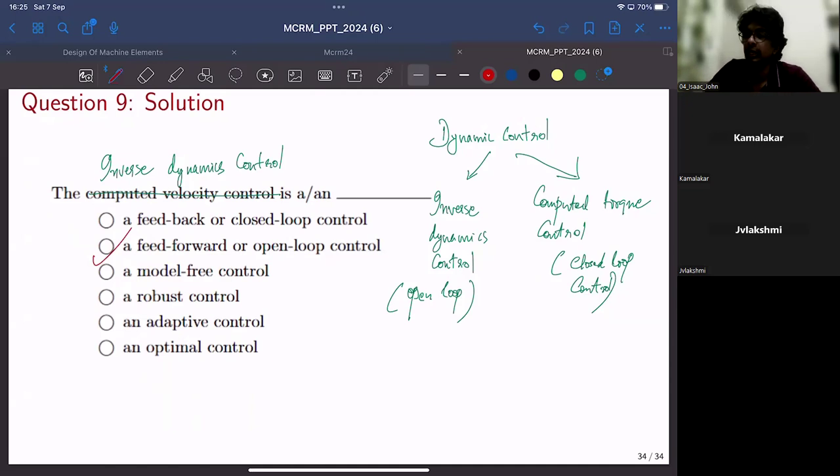Ultimately, it all comes down to whether your assumptions are valid, because all these things are assumptions, and you can simplify your model provided your assumptions are valid. If you make your robot out of very rigid material, you can always assume that the element is a rigid body. But if the robot is made of flexible material, you cannot apply these dynamics equations of motion, because it behaves like a continuum body, and rigid body laws are not at all suitable for that.